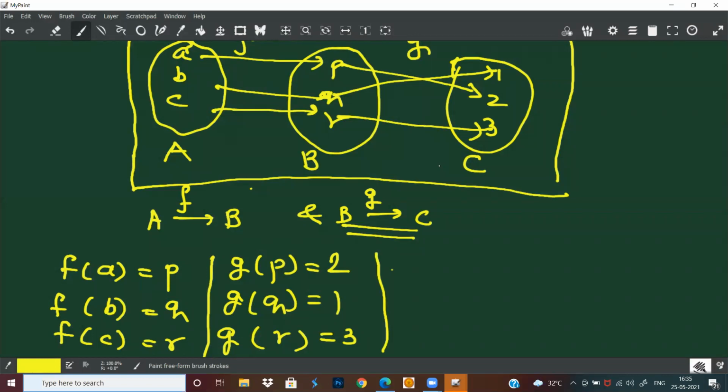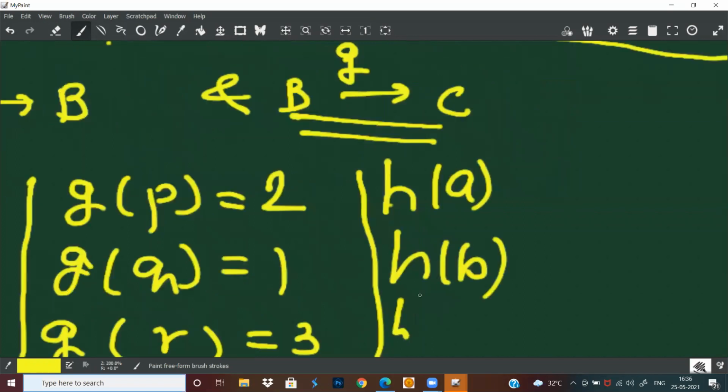Now I am just going to remove this. Now look, suppose I write a function from A to C, giving it a different name, H. So tell me what is H of A, H of B and H of C.